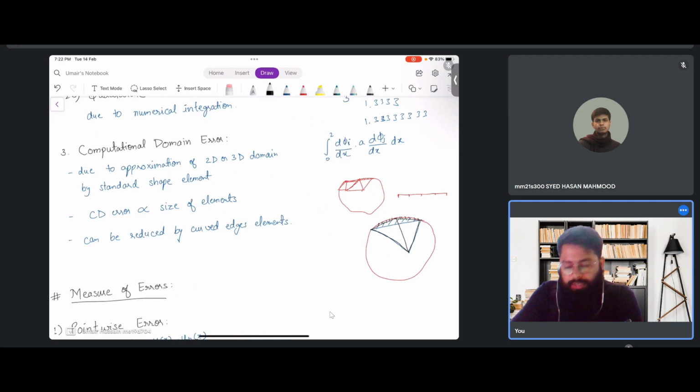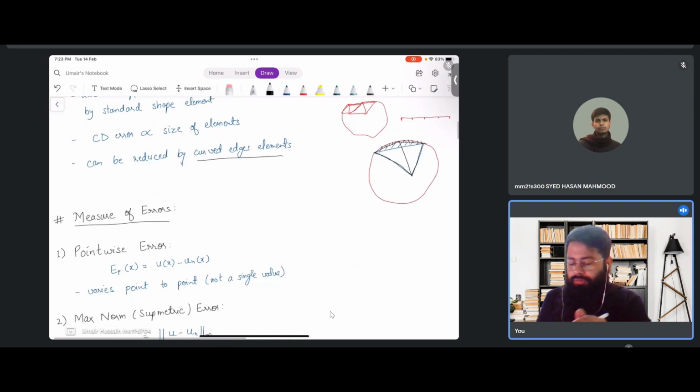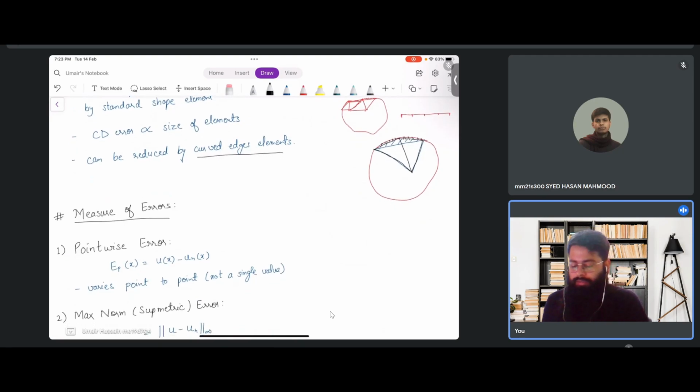And the other thing can be by using these curved edged elements. So this is something from the non-conventional finite element method, but there are tools and methods to do such a thing. So after knowing the sources of these errors, the next thing we do is to evaluate these errors.